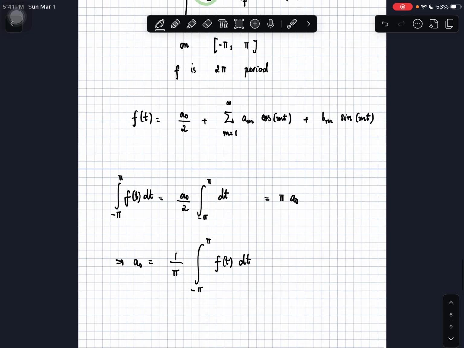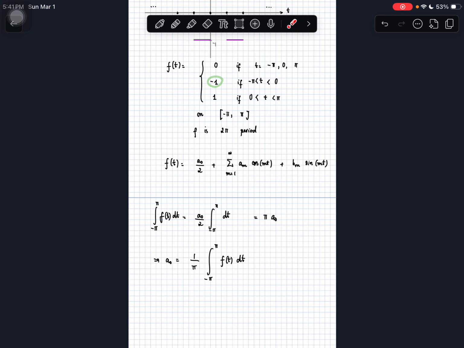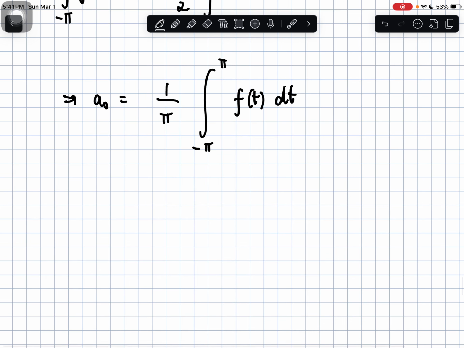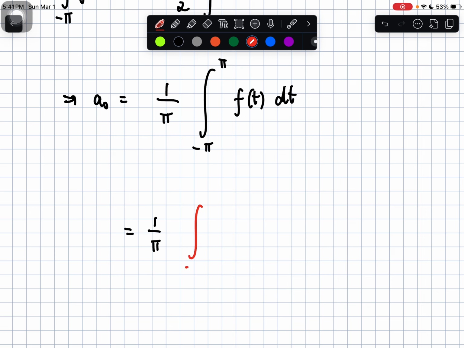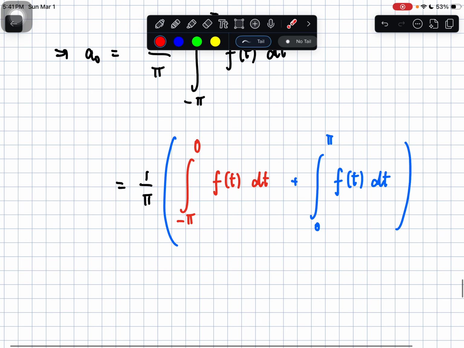So it is piecewise continuous, so I will break it into minus pi to 0 plus 0 to pi. 1 over pi times the integral from minus pi to 0 of f(t) dt plus the integral from 0 to pi of f(t) dt. Now we plug in the values of the function f on each of these intervals.